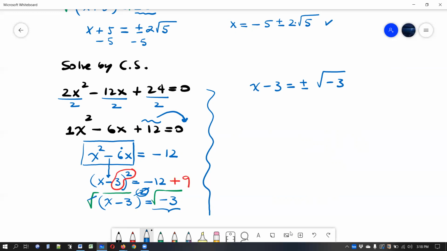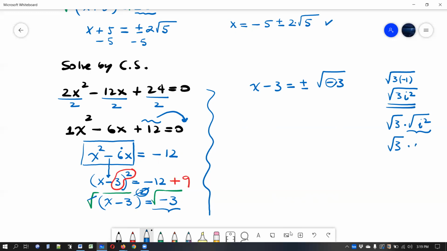But remember, when we have a minus here, I have to introduce imaginary numbers. So 3 is going to become 3 times negative 1. The negative 1 is going to be changed to i squared. And then I can simplify this. This is radical 3 times radical i squared, and this is just i.